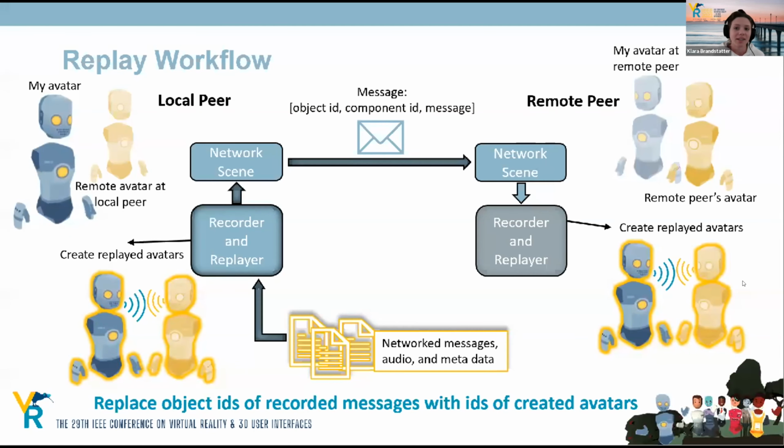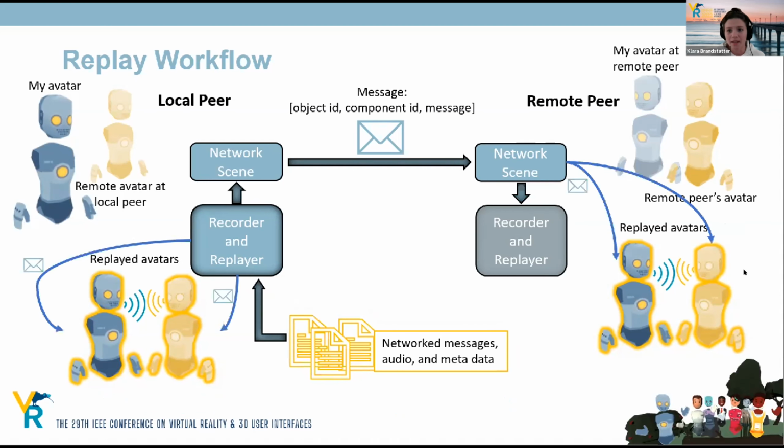Initially, the messages were saved with the object IDs of my avatar and my remote peer's. So the recorded messages would be sent to our avatars. But to let the created avatars receive these messages, we just have to replace the object IDs of the messages with the new object IDs of our newly created avatars. And then the messages just go to them.